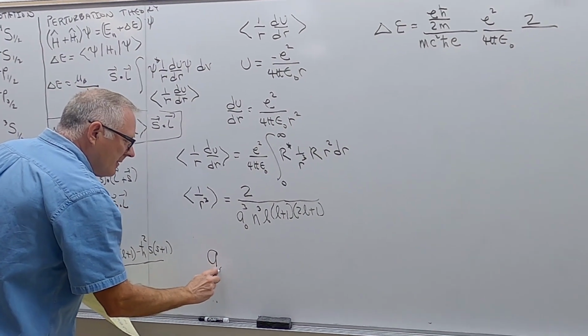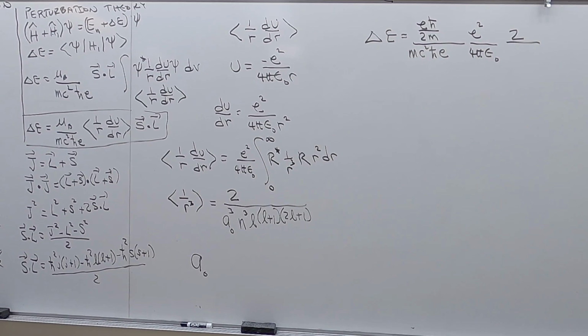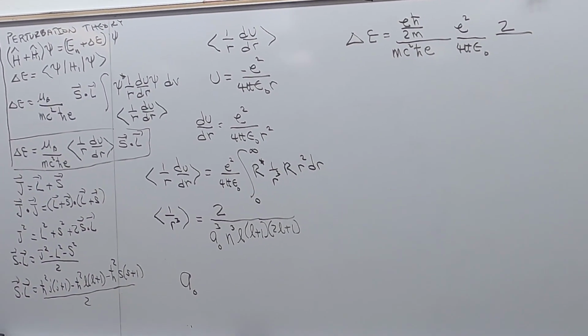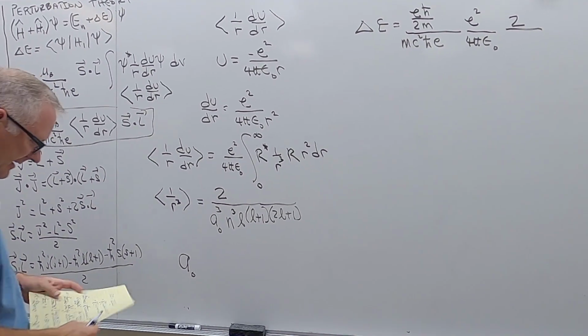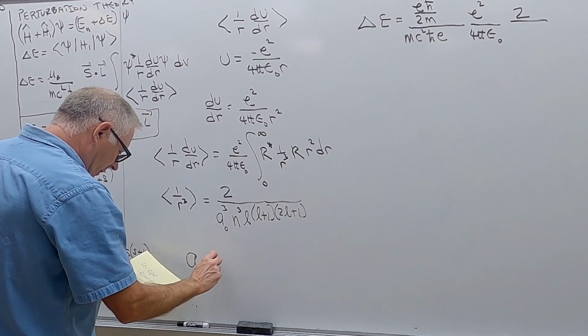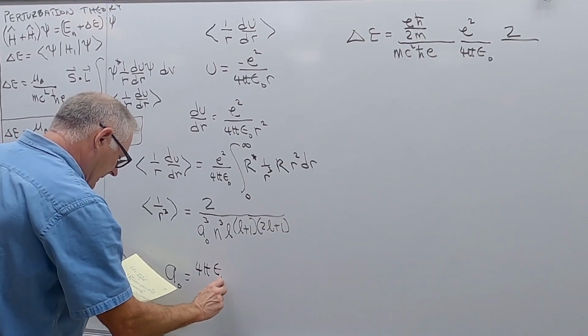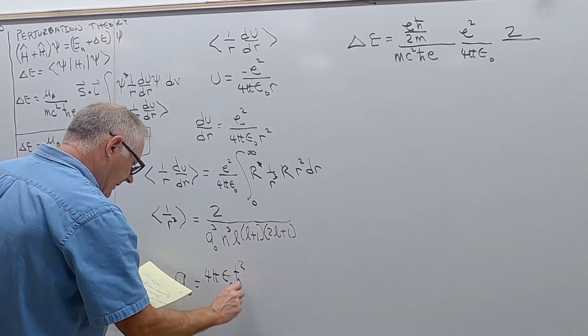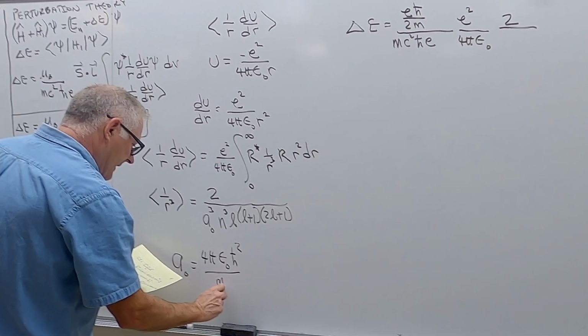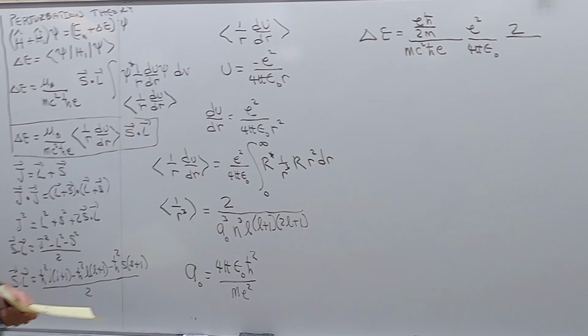What was the value of a naught? I think I have it written down. If you remember our Bohr radius, it's 4 pi epsilon naught h bar squared all over m e squared.